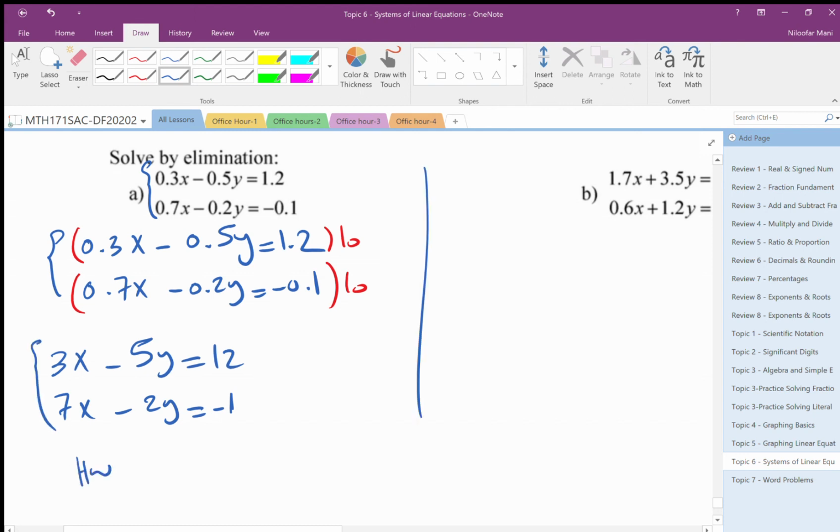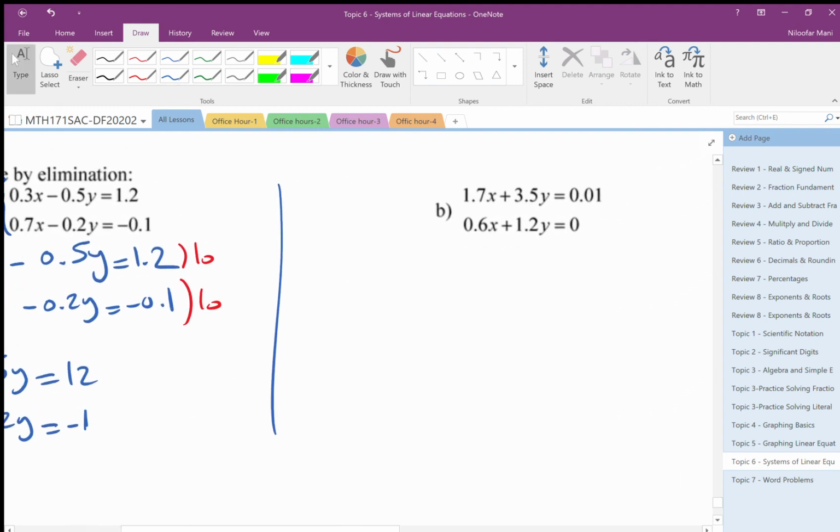Okay, how about this one here? Oh, okay, here I have to multiply the first one with 100, and I have to multiply the second one with 10. Also, these questions can have other approaches and other methods to solve them. I want to remove decimals.